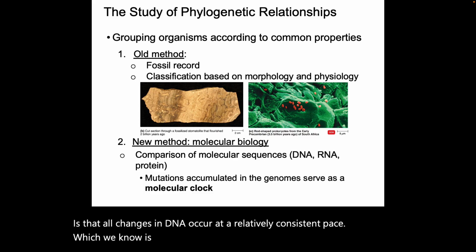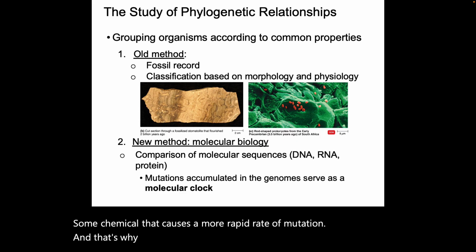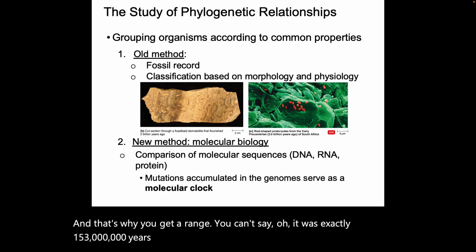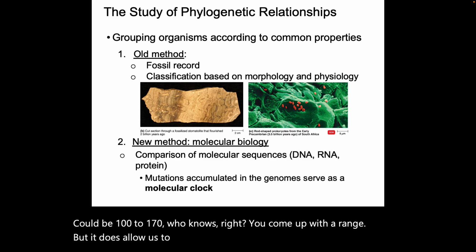There might be maybe exposure to some chemical that causes a more rapid rate of mutation. And that's why you get a range. You can't say, oh, it was exactly 153 million years ago that these two species diverged. Could be 100 to 170. Who knows, right? You come up with a range. But it does allow us to make predictions as to when species might have diverged.